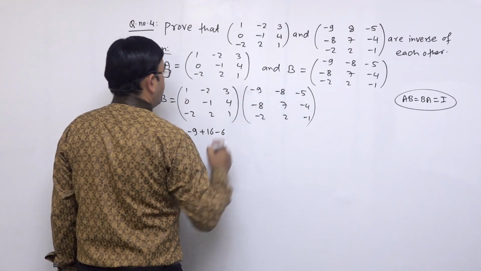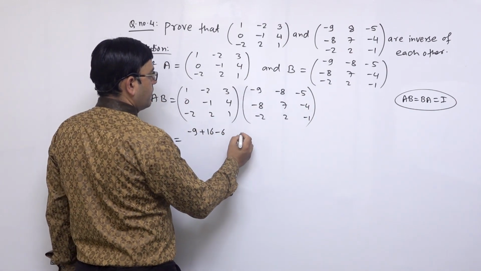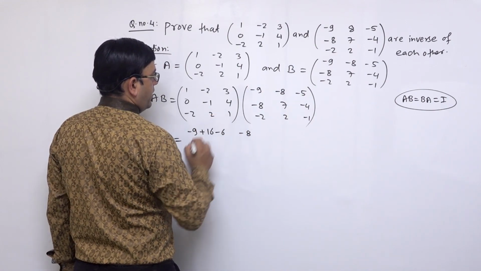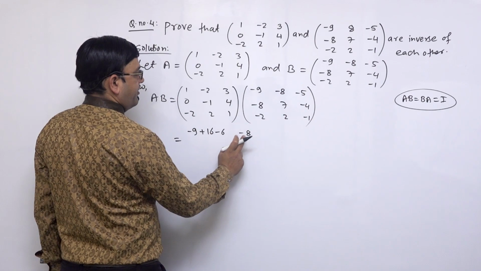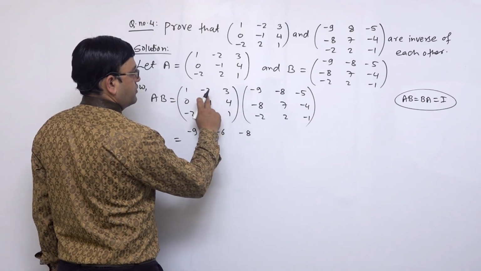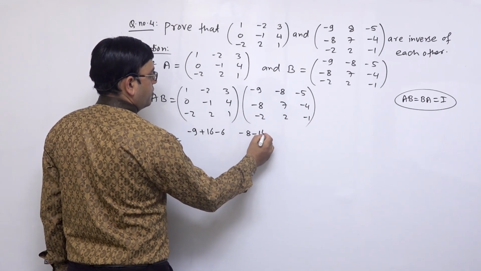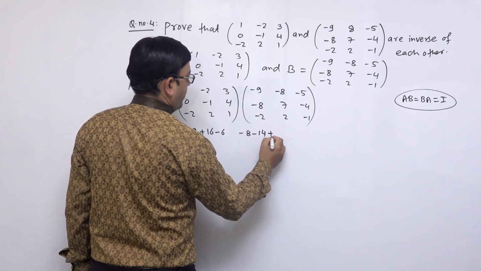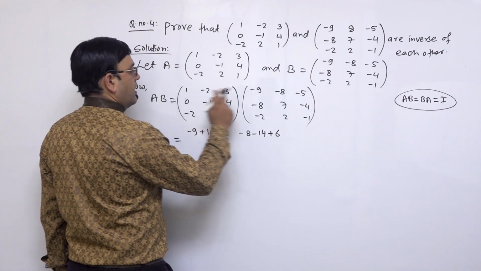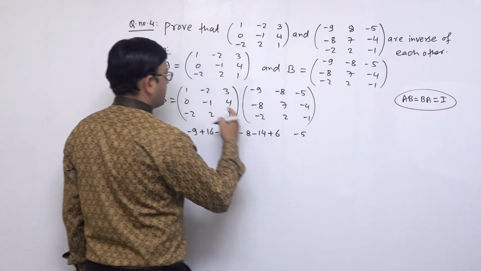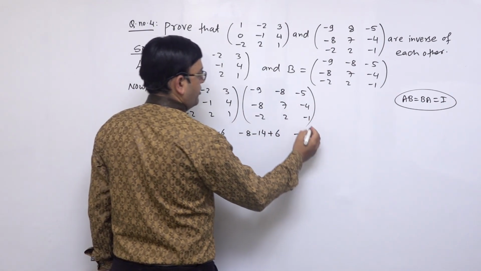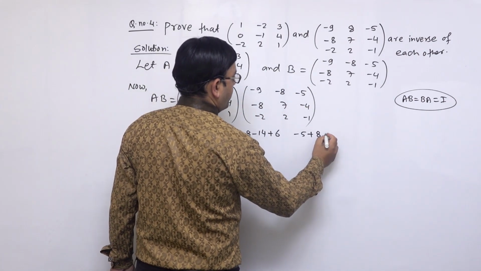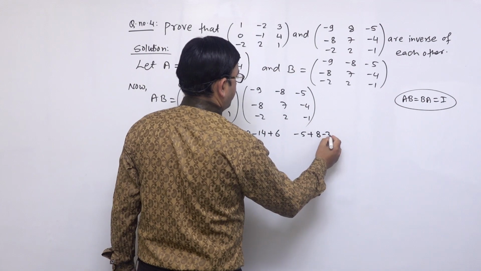Similarly, 1 times -8 is -8. -2 times 7 is -14. 3 times 2 is 6. Again, 1 times -5 is -5. -2 times -4 is plus 8. 3 times -1 is -3.